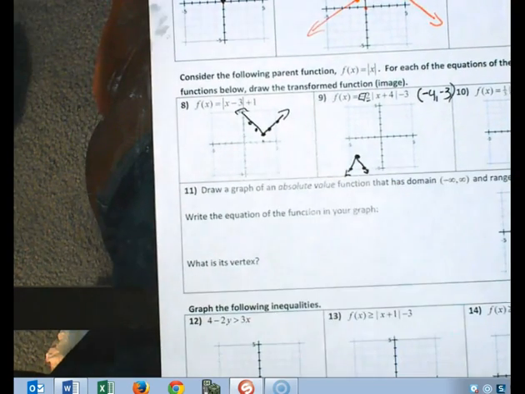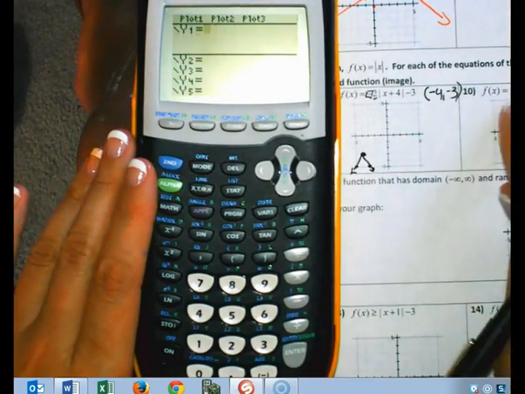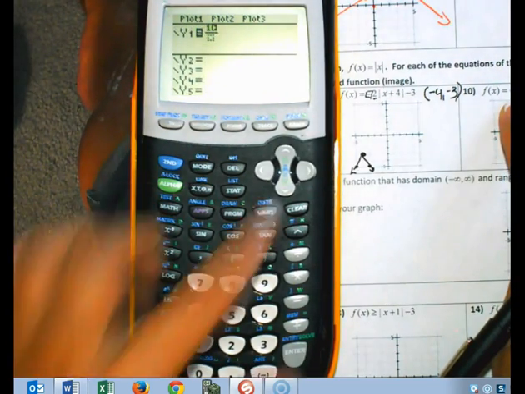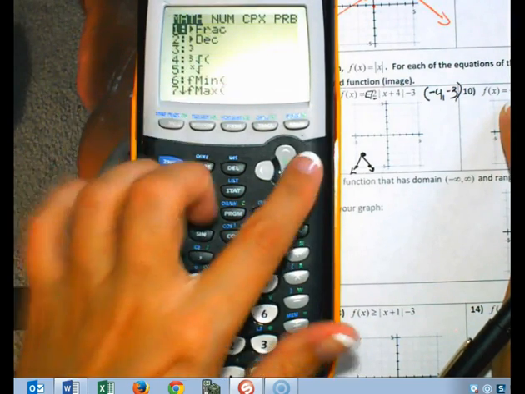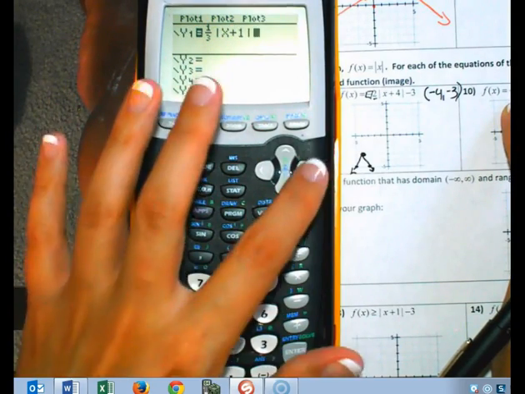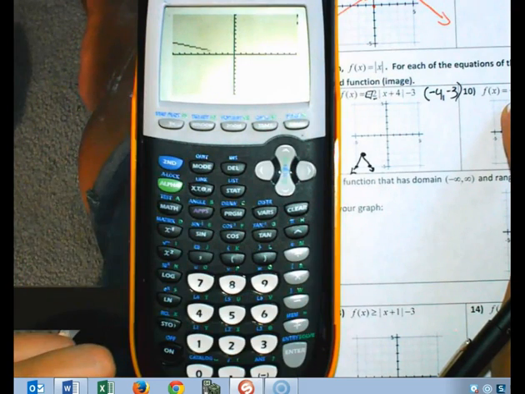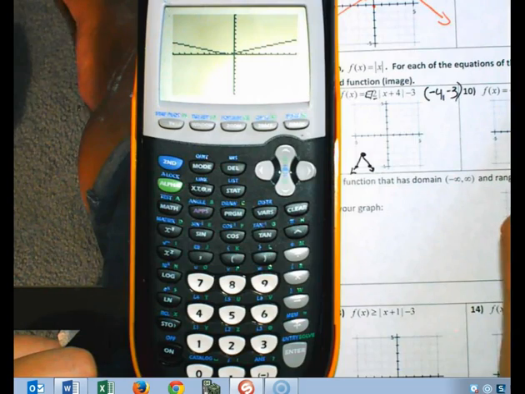Again, you can put any of these into the calculator and check. So let's do the last one with the calculator so you can get the practice. Okay, I'm going to put this into the calculator. Alpha y equals gives me the fraction 1/3, arrow over, absolute value, x plus 1, graph. Okay, I see I have a vertical compression, and then I know that my vertex, because this is +1, moves to the left 1.